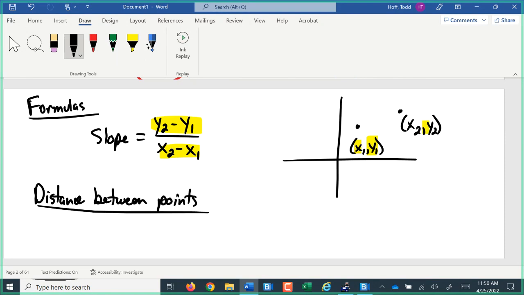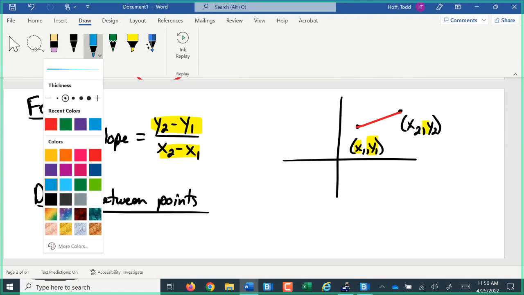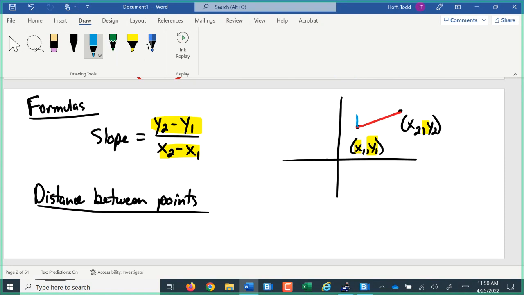So the distance between points, if I think of this line segment that's at a slope as being the hypotenuse of a triangle, the legs of that triangle, well, we have a vertical leg that is the rise, and a horizontal leg of that triangle that is the run. And of course, vertical and horizontal always make a right angle to each other, so the right angle of our right triangle is right there, between the rise and run.